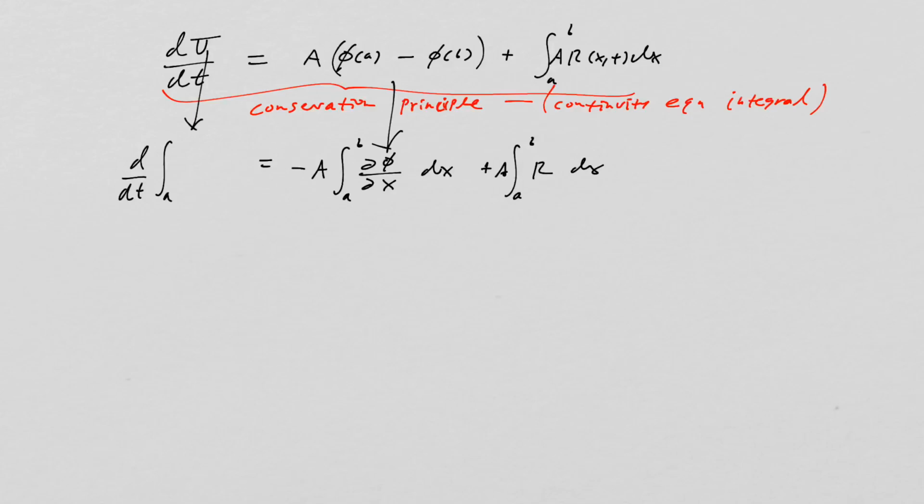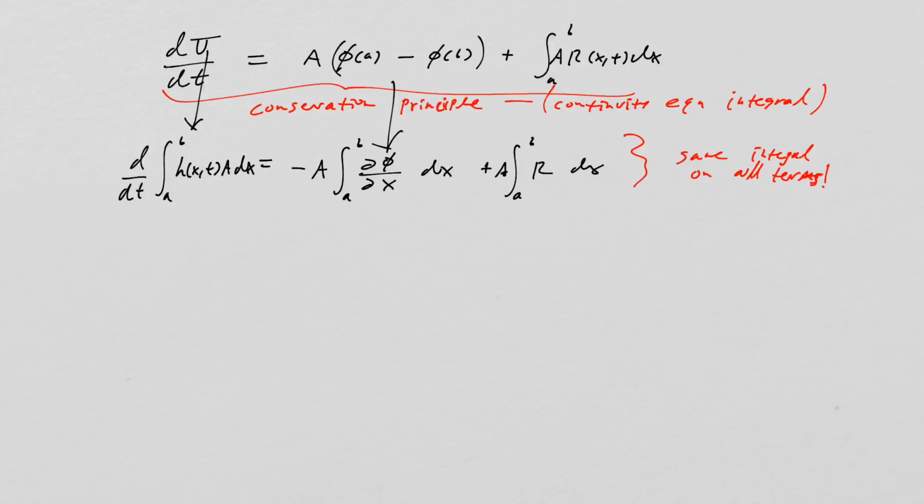U is the integral from A to B of h of x comma t times A dx. So it looks like there's the same integral on all terms.